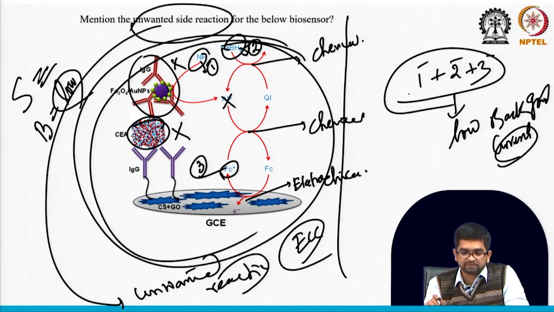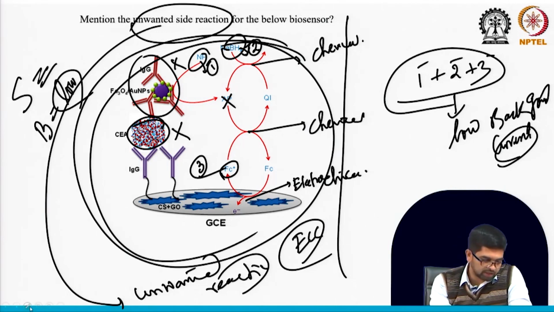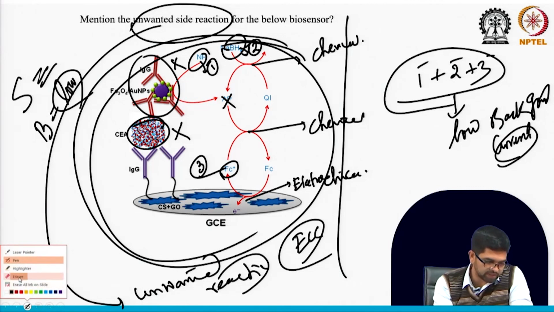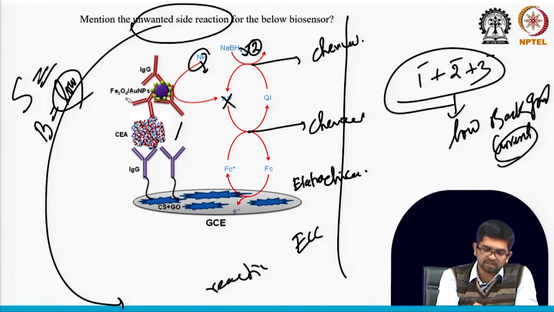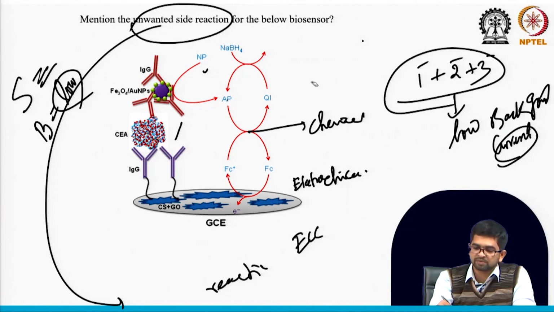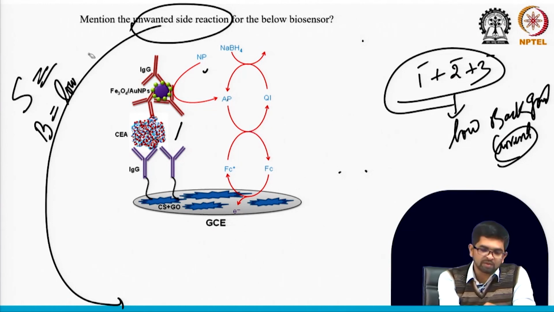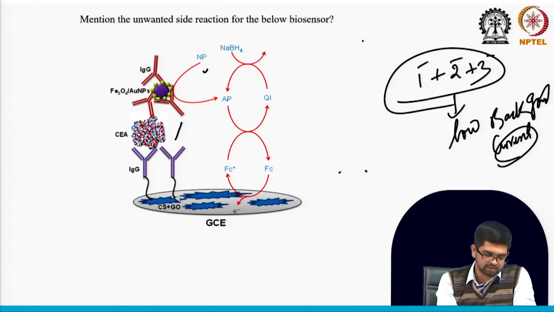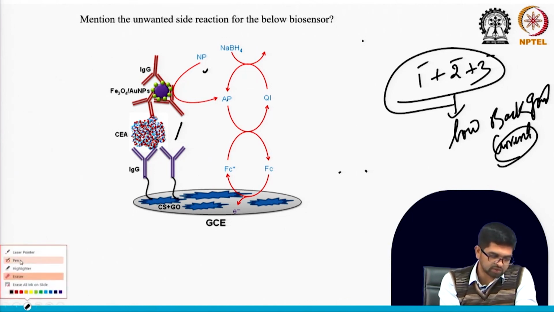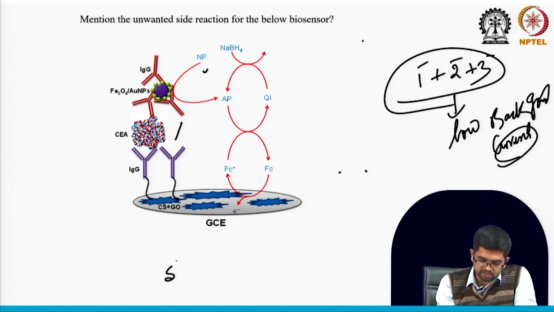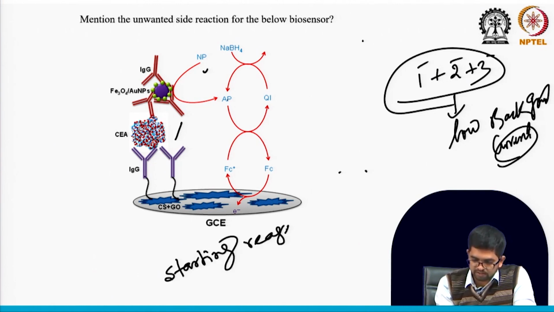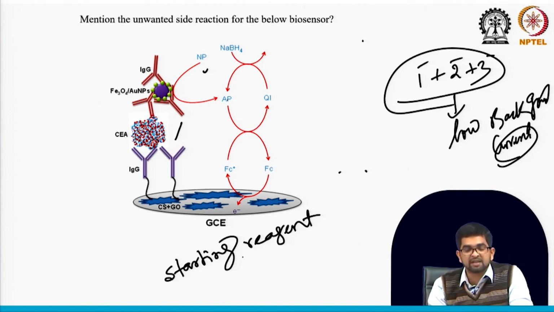It should be clear, number 1. Number 2, you have to mention any other unwanted reaction. So first you have to think about the total reactions, then one by one you can mention your starting reagents. The main concept is that the starting reagents you used should also not react separately on the transducer.